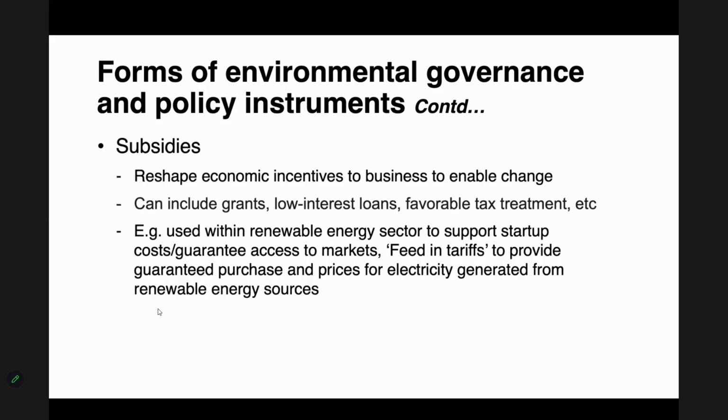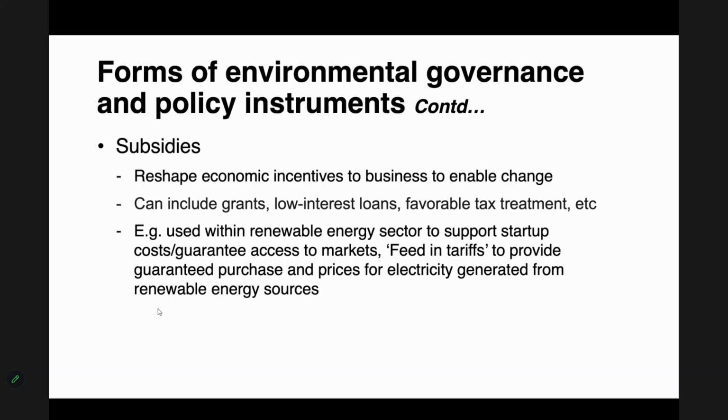So for instance, you might get low interest loans for implementing solar power systems in your home. Or you might get a certain grant to do a certain environmentally friendly action.